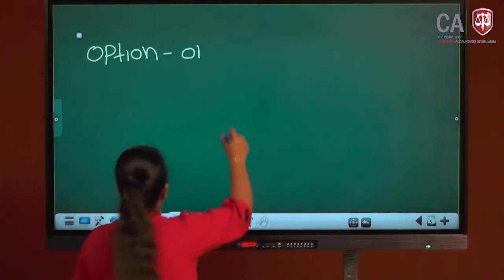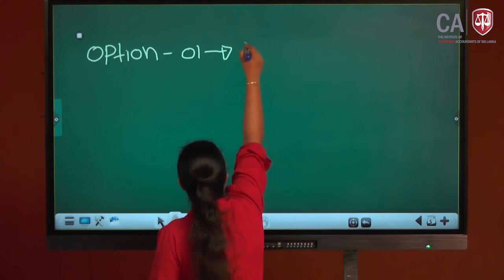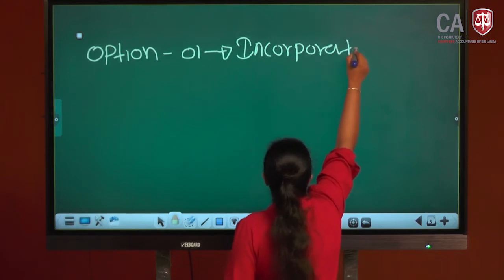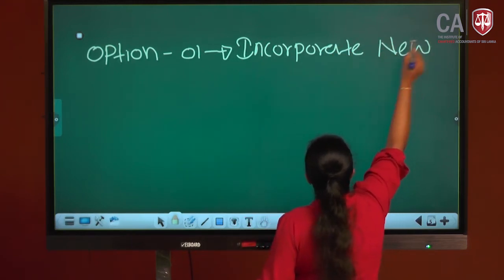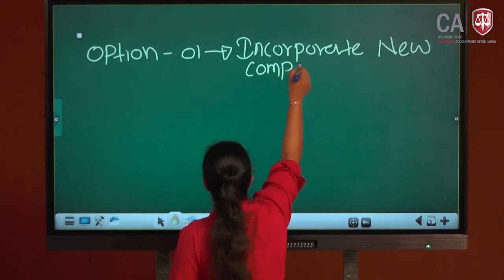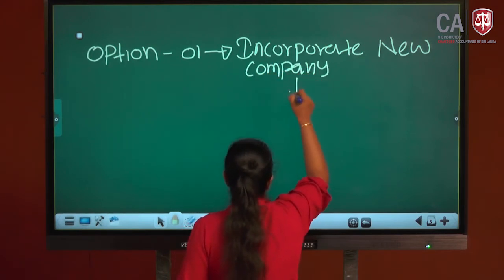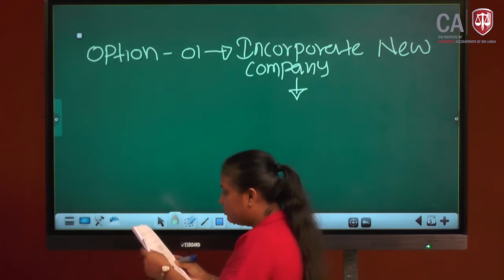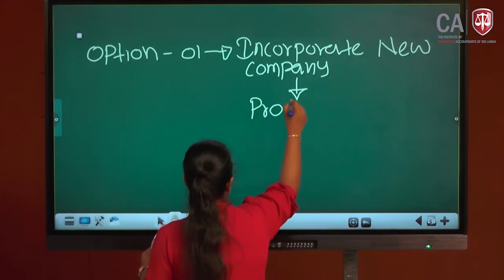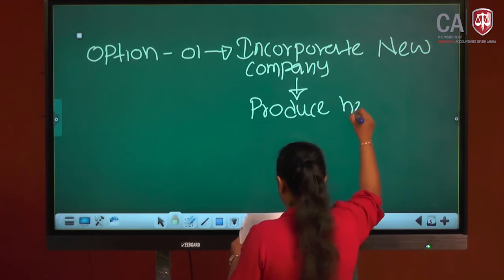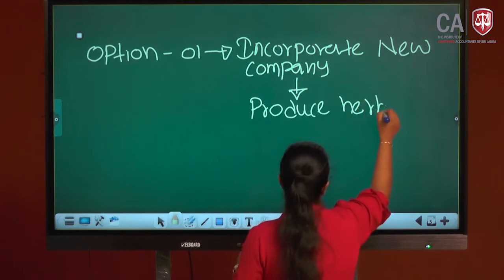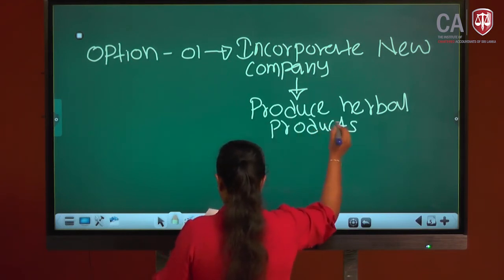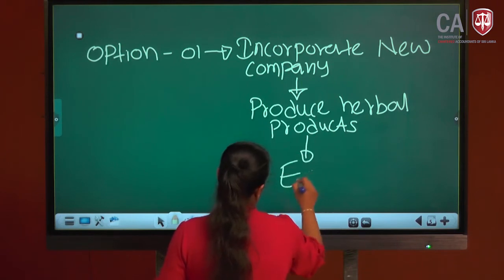From the perspective of what they are going to do, incorporate a new company, for what? To manufacture herbal beauty products. The new company produces herbal beauty products for the export market.